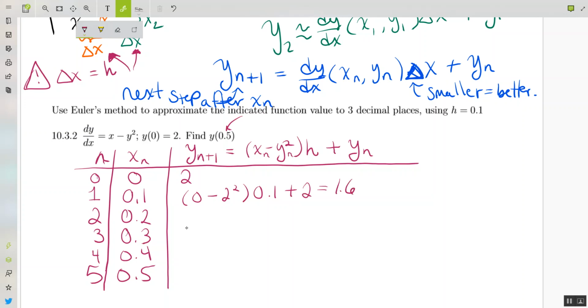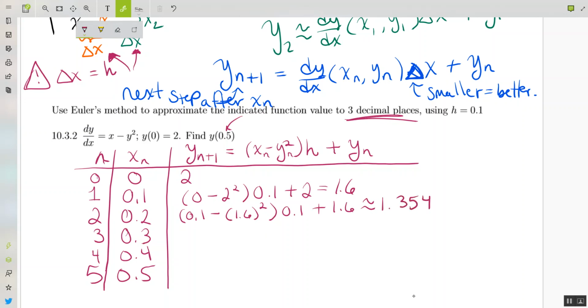So now I'm going to do it again. So for this step, I'm going to use the previous row's x, so 0.01, minus my previous row's y, which is 1.6. I square it, I multiply it by 0.01, and then I add the previous row's y. And you see how this starts to get a little messy. So when you do this calculation, you will get 1.354.